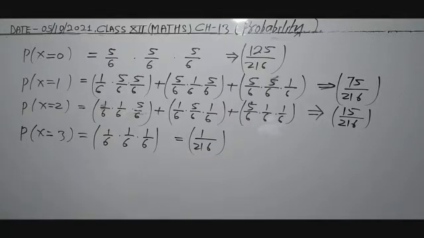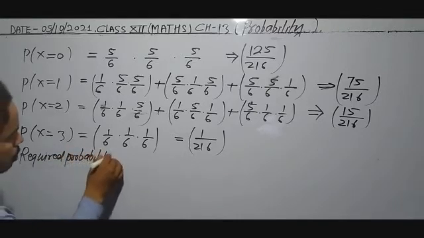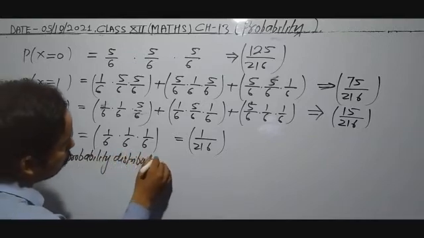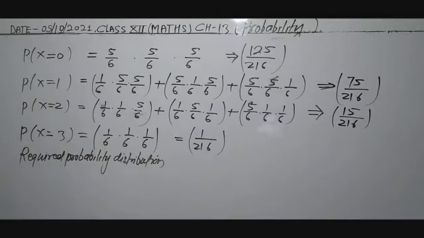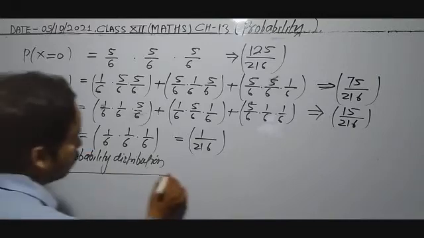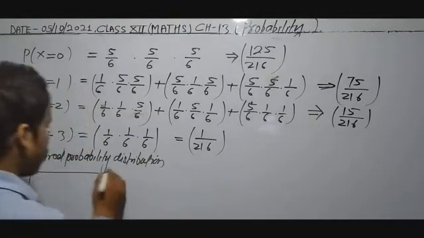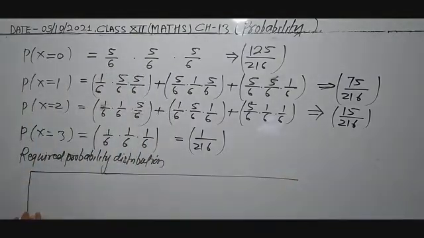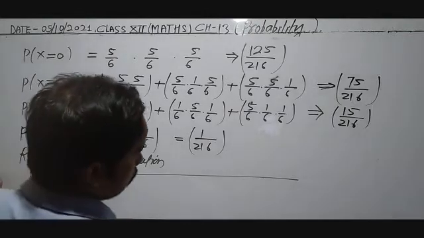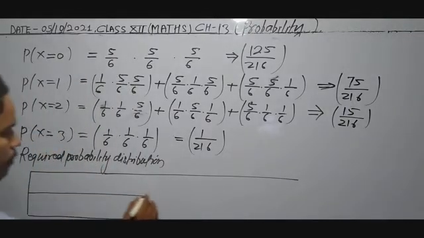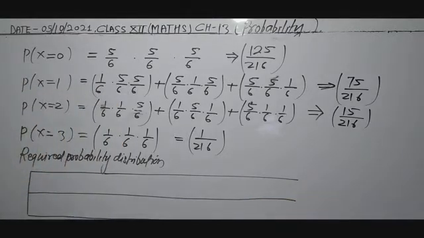The required probability distribution: this is the random variable X and this is the corresponding probability.